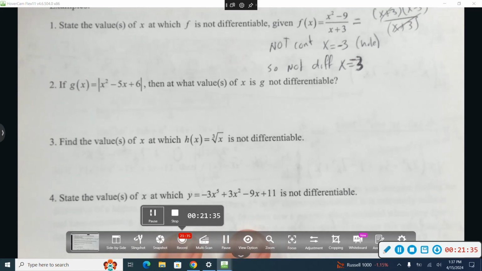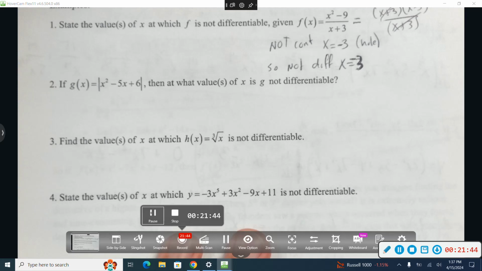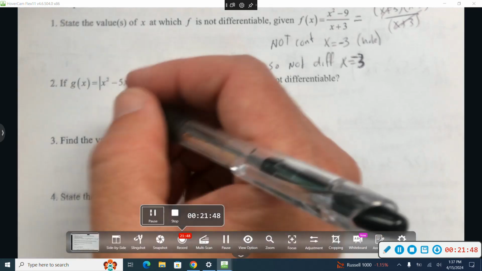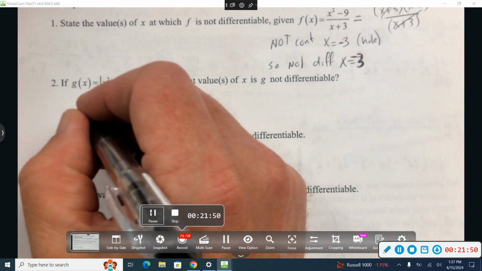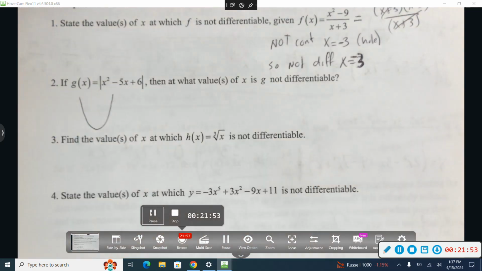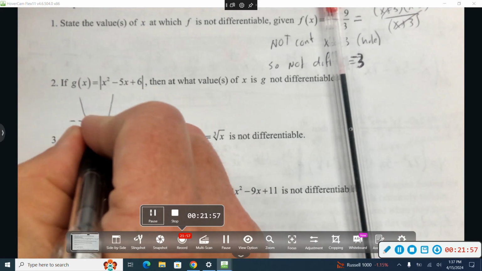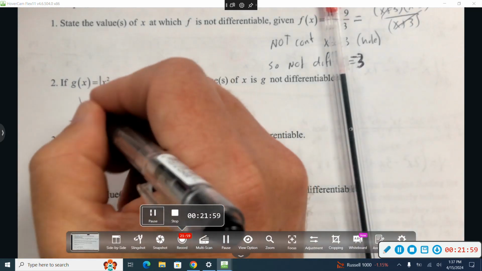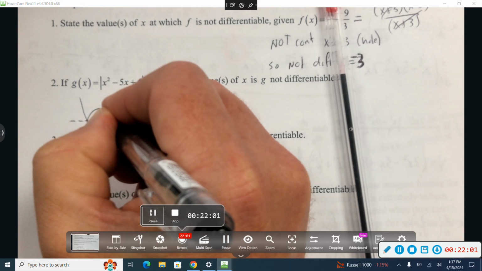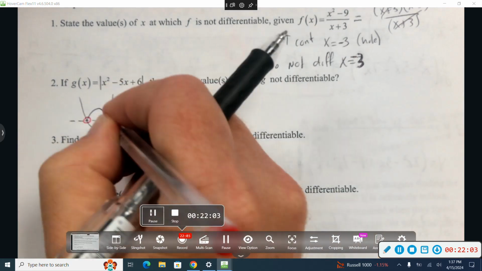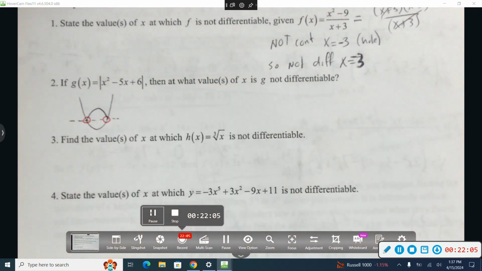All right, number 2. I don't immediately know what that graph is. I mean, it's sort of a parabola, but the absolute value thing means if it's ever negative, make it positive. So, like generically what would be happening is, there's our parabola. But anytime it drops below the x-axis, the absolute value would flip it to the other side, and then we would have some cusp or sharp turns there.